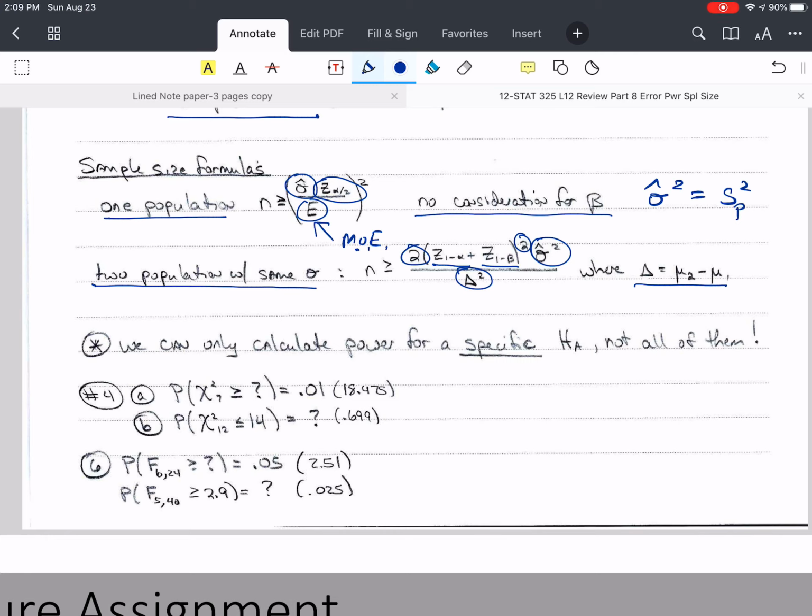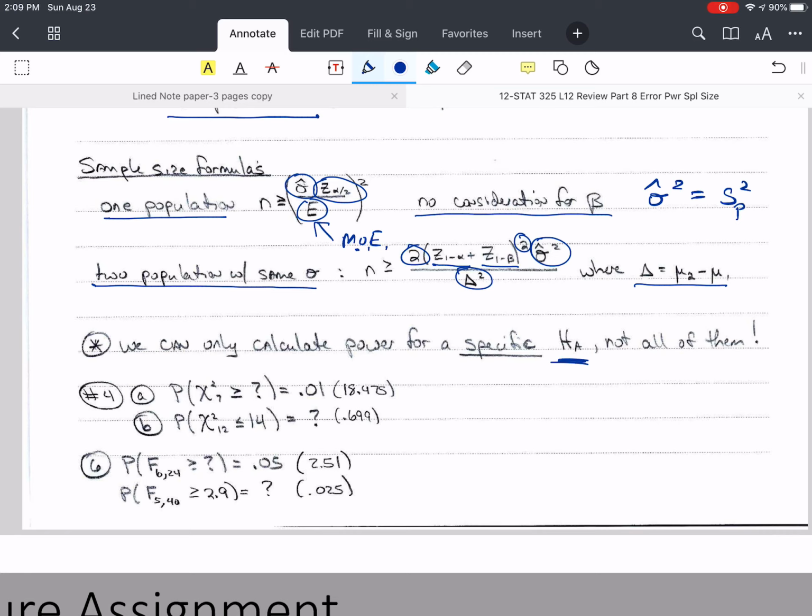So it turns out we can only calculate power for a specific alternative hypothesis, not all of them at once. So we can calculate alpha pretty easily or set it, but calculating beta requires that we choose a specific distribution and then calculate the probability with that.